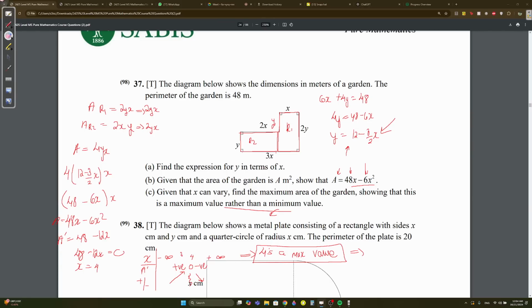You don't even have to say dA over dx. You can say A prime is positive before 4, and A prime is negative after 4. Hence, 4 is the maximum value. You can say this.